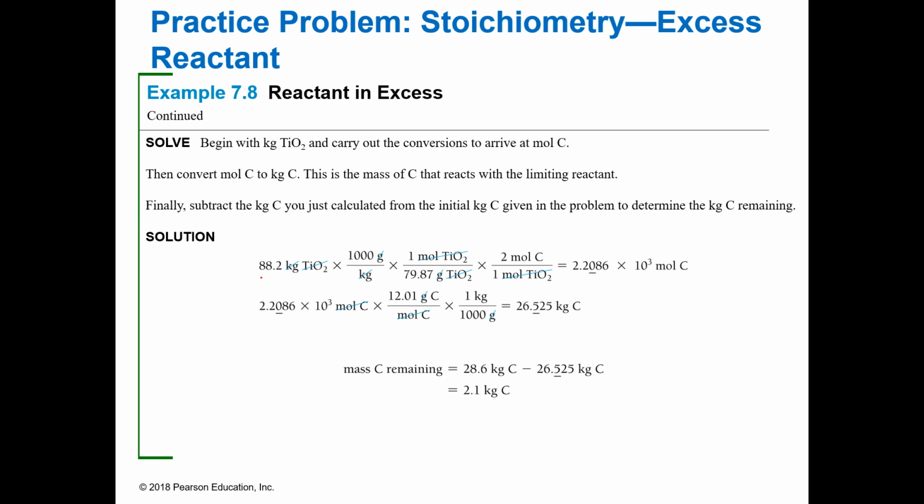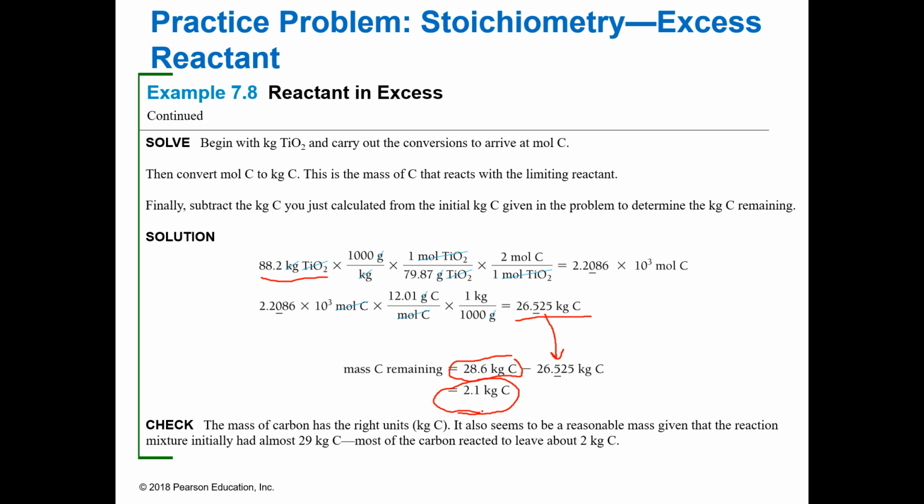So if all of my titanium oxide reacted, which we know it did because it's the limiting reactant, this is how much carbon also reacted. So if I started with this much carbon, this is how much reacted, I just subtract the two. So I have 2.1 kilograms of carbon left over. That would be my reactant in excess.